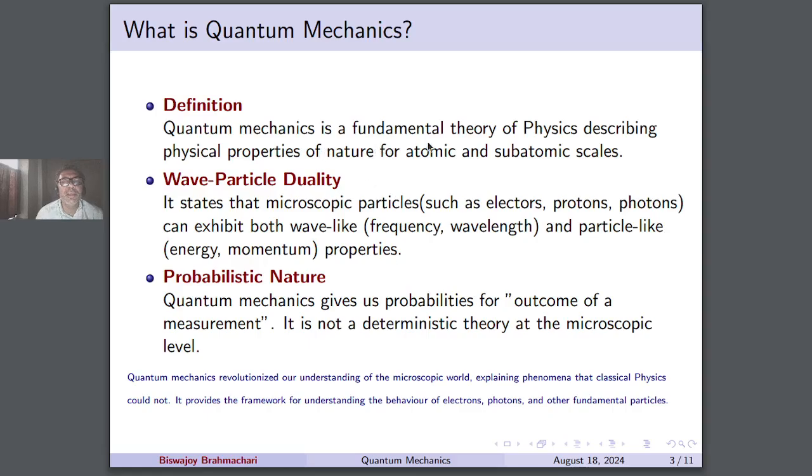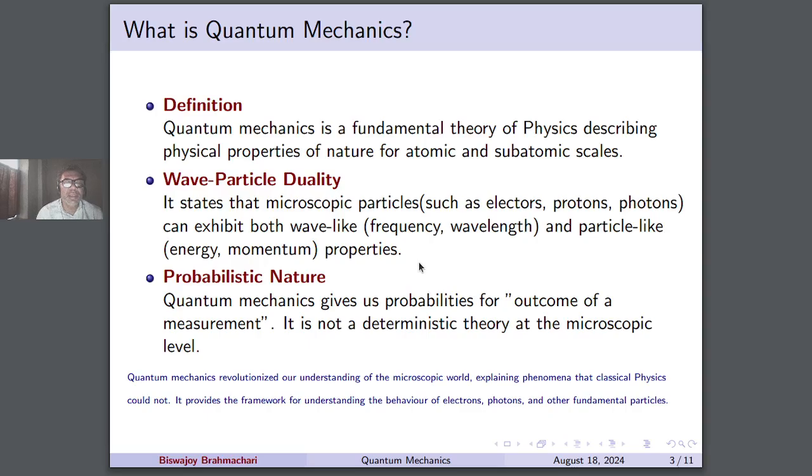So quantum mechanics is a fundamental theory of physics describing physical properties of nature at atomic and subatomic scales. And in quantum mechanics, there is a principle of wave-particle duality. It says that microscopic particles, such as electrons, protons, and photons, can exhibit both wave-like and particle-like properties.